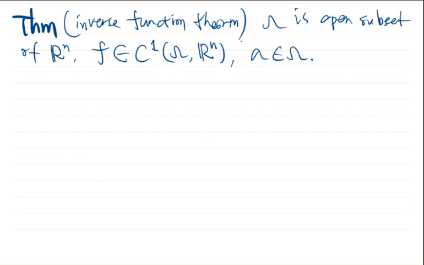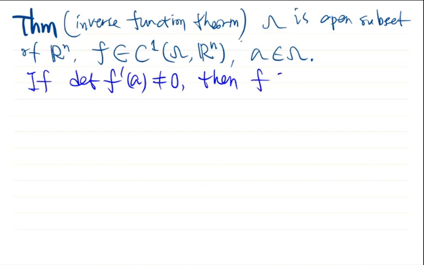So this is the background of the theorem. The condition is that if the determinant of the derivative matrix, that is the Jacobian determinant, is not zero at A, then F is a local diffeomorphism at A, using the language of local diffeomorphism we just introduced.